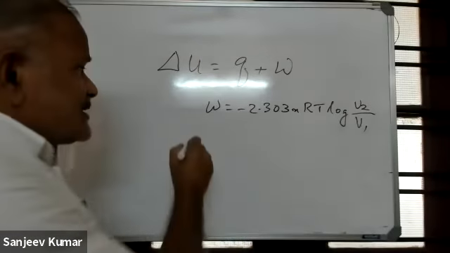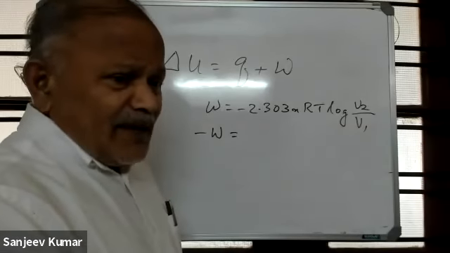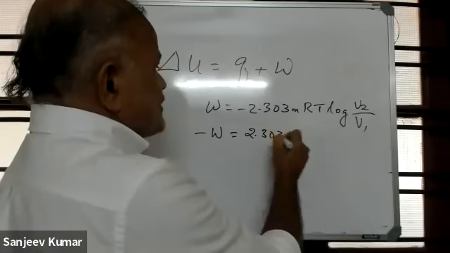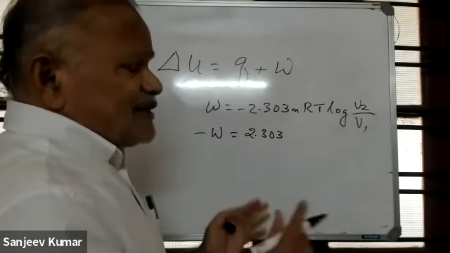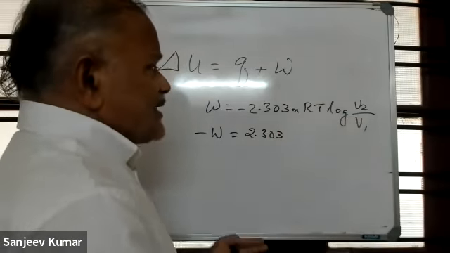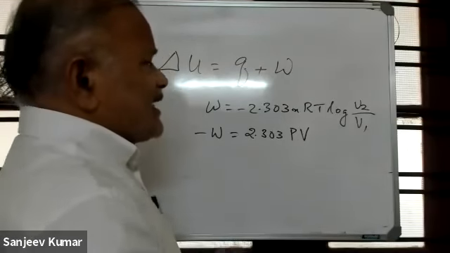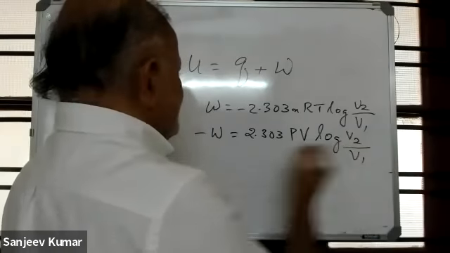And therefore minus W, work done by the system, it is minus, and minus W is equal to 2.303 nRT log V2 by V1. And we know that PV is equal to nRT. Therefore, we can substitute PV for nRT, PV log V2 by V1.